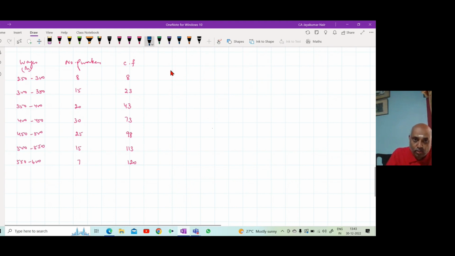We can write one more column here and call this coordinates. So what are the coordinates?